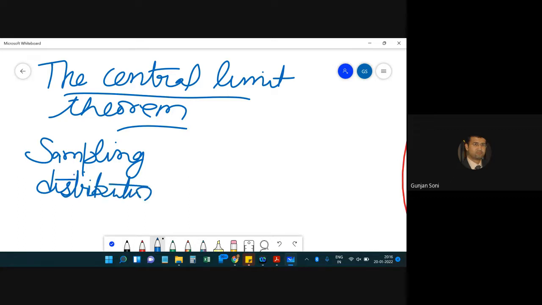So in sampling distribution, let's say this is a population distribution, like the population of triple IT students. So it is finite, right? You agree or not? Yes, sir. Population of existing triple IT students.